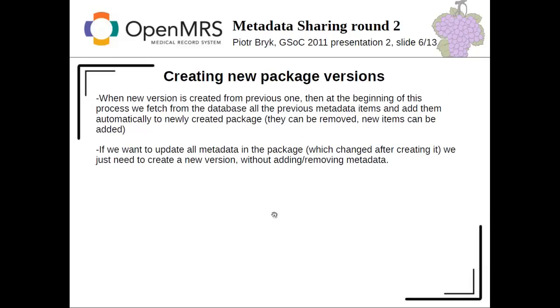When a new version is created from a previous one, at the beginning of this process we fetch from the database all the previous metadata items and add them automatically to the newly created package. They can be removed, and new items can be added. If we want to update all metadata in the package which changed after creating it, we just need to create a new version without adding or removing items.